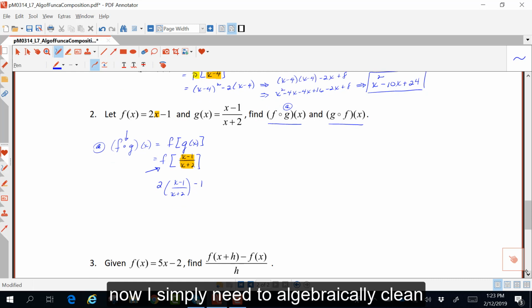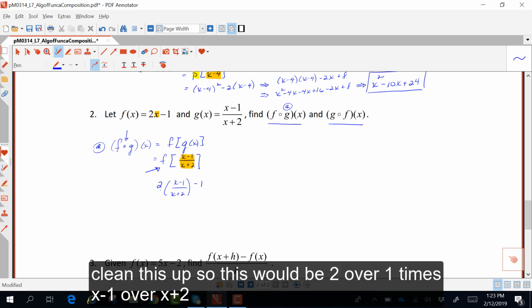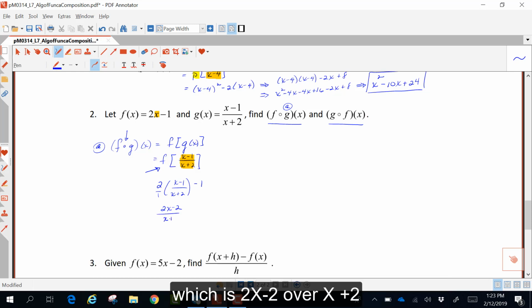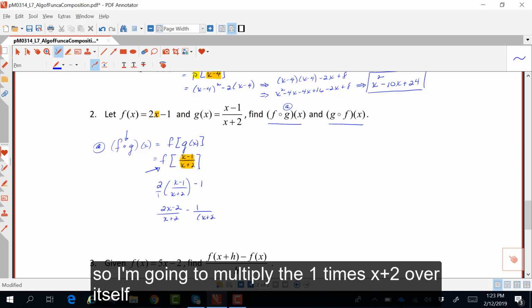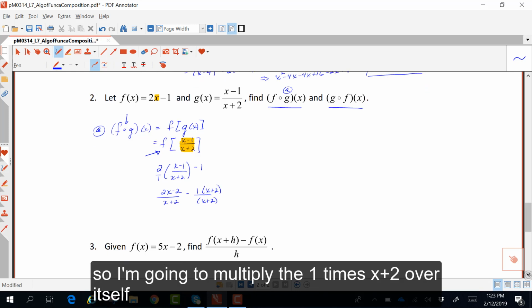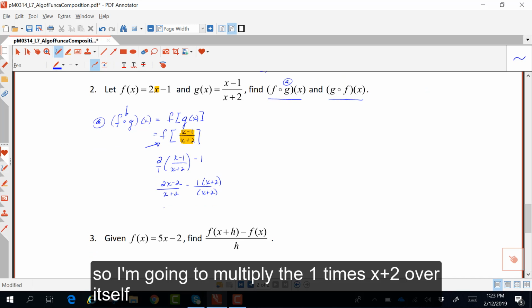Now I simply need to algebraically clean this up. So this would be 2 over 1 times x minus 1 over x plus 2, which is 2x minus 2 over x plus 2. I cannot add these fractions unless the denominators are the same, so I'm going to multiply the 1 times x plus 2 over itself.